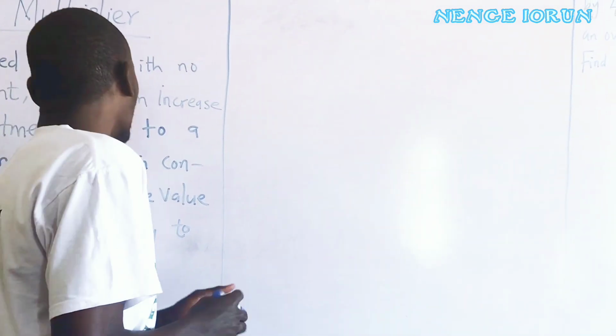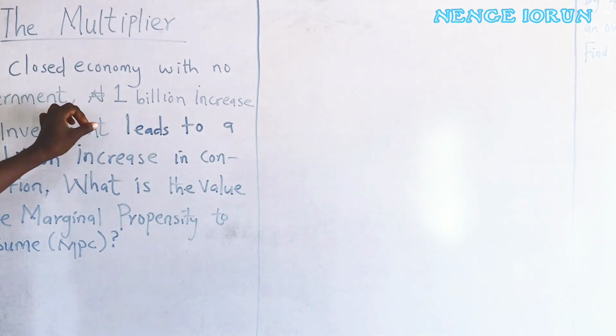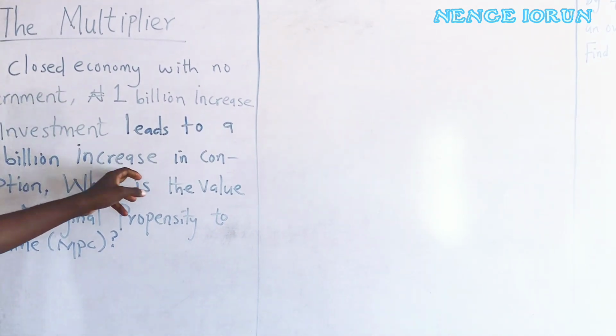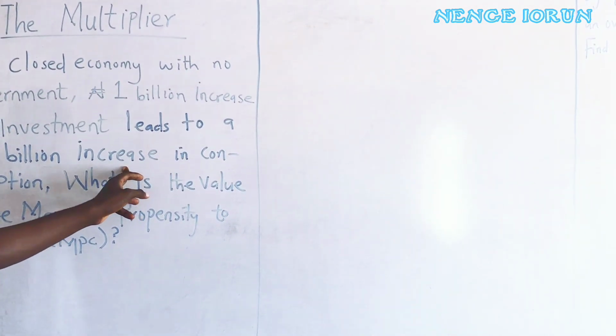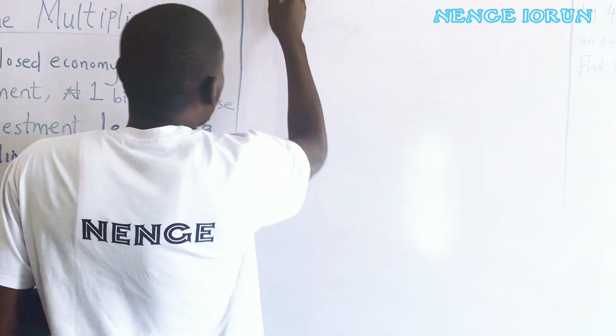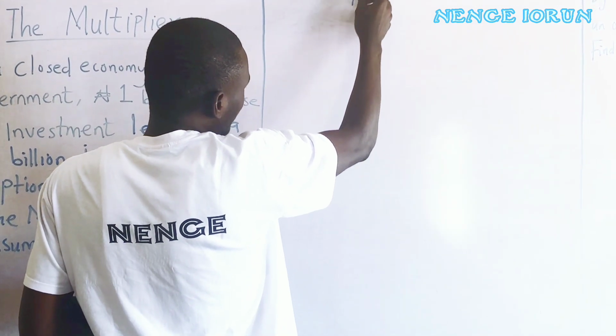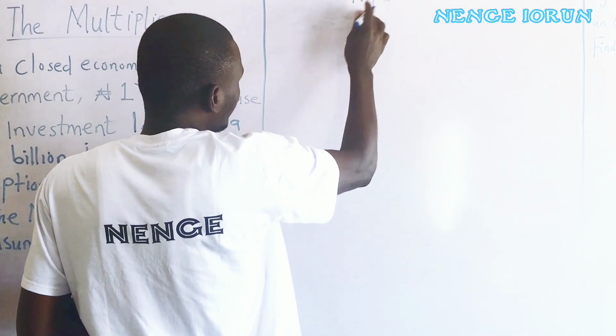So for you to solve this well, you have to state the appropriate formula for the multiplier, which is K equals 1 over MPS.